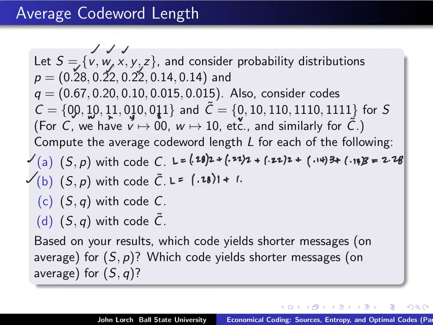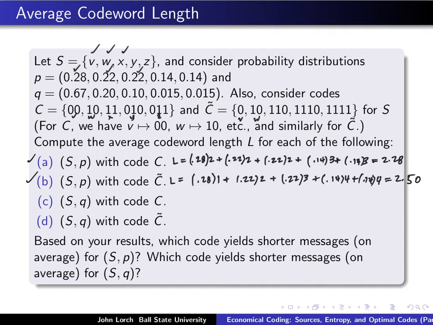And then we have 0.22, which is the probability of W occurring, and the length of W's code word is 2. Then the length of the next code word is 3, and the lengths of the last two code words are 4. If we add all that up together, we get 2.50.